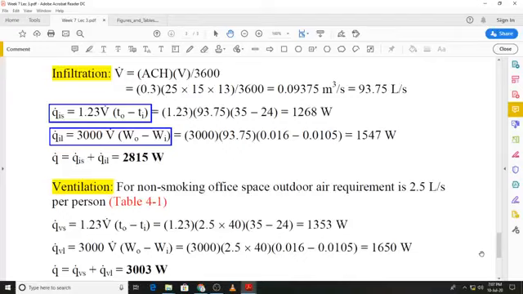I've already written what value I've taken from table 4-1, that is 2.5 liters per second per person. Once we go to that table, it will be quite easy to see how we have found that value.